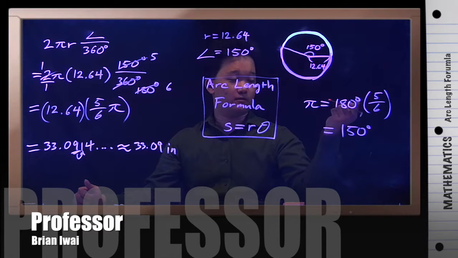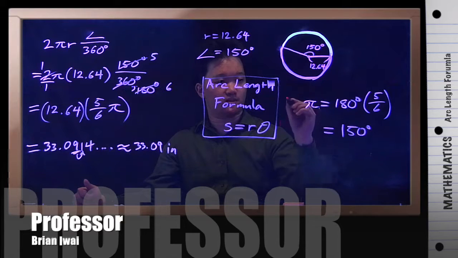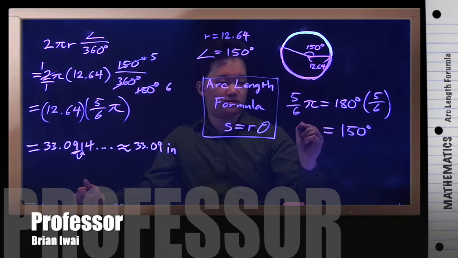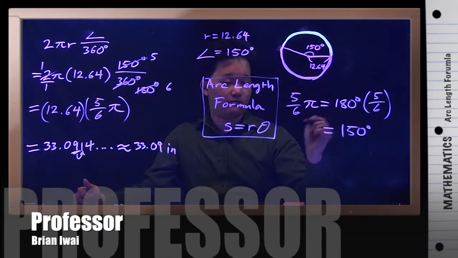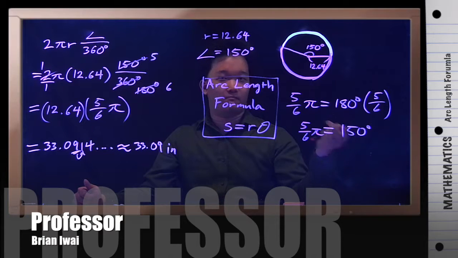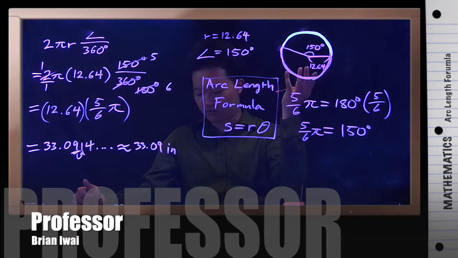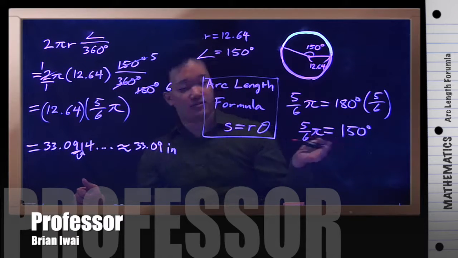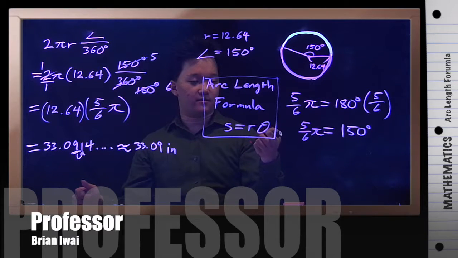And since I multiplied the right side by 5 over 6, I'm going to multiply the left side by 5 over 6. And 5 over 6 times pi is just 5 pi over 6, 5 over 6 pi, same thing. So there I have my angle, which is given to me as 150 degrees. I found out that it's 5 over 6 pi. So that's good. That's what my theta is.